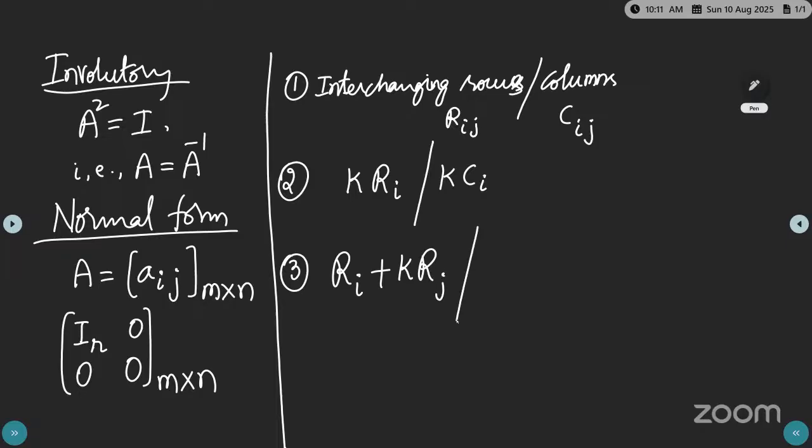Multiplying the ith row with a non-zero scalar k and adding it to the corresponding elements of the jth row, that is, Ri becomes Ri plus kRj.